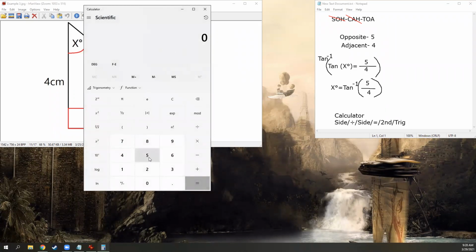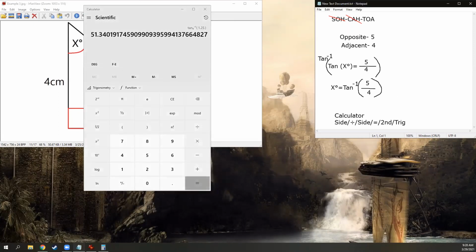Our first side, the one that's on top, is 5 divided by 4. Then we hit equals, head over to the second trig function. There we go. So the angle is 51.34 degrees.